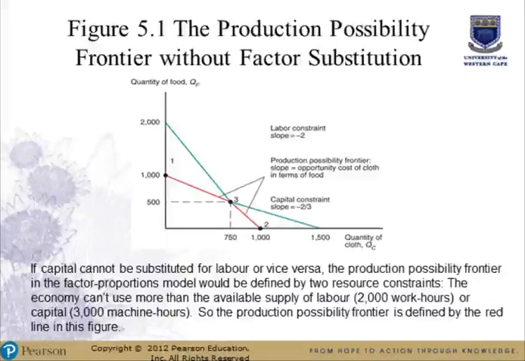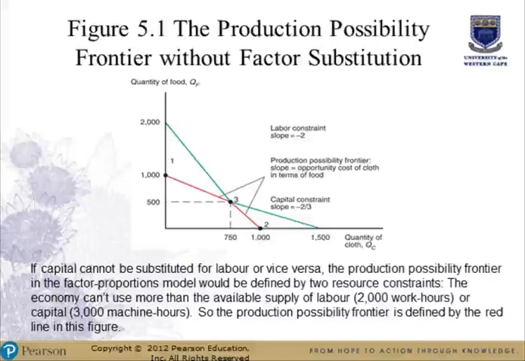Without factor substitution, the production possibility frontier is the interior of the two-factor constraints, as reflected in figure 5.1. The maximum food production is 1000 units, point 1, if the economy uses all its capital with an excess of 1000 labor hours.